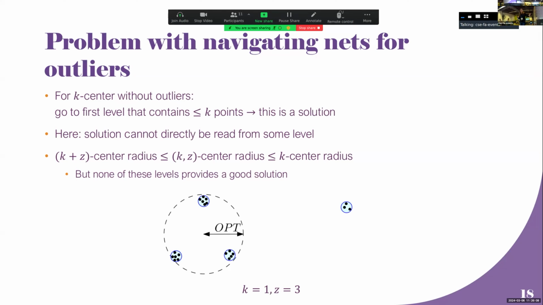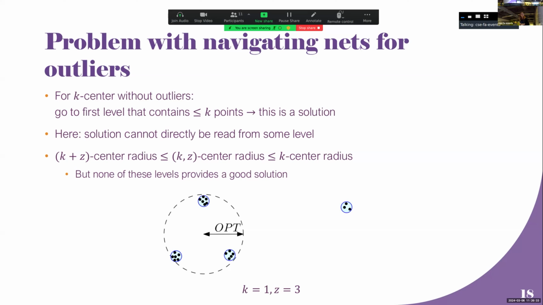I want to show that with this little example. On the one hand, we can upper bound the optimal radius of the k-center problem with outliers by the optimal radius of the k-center problem.